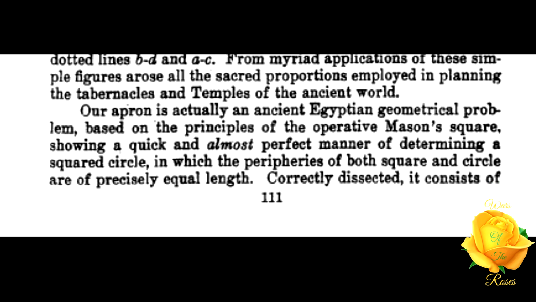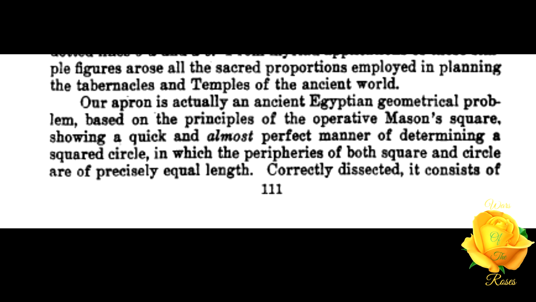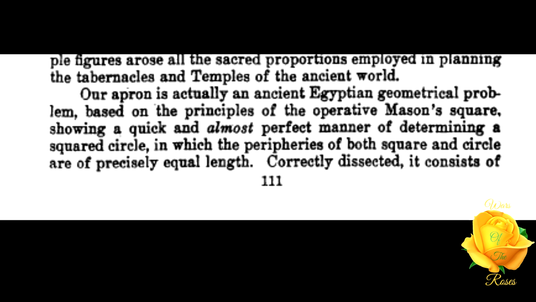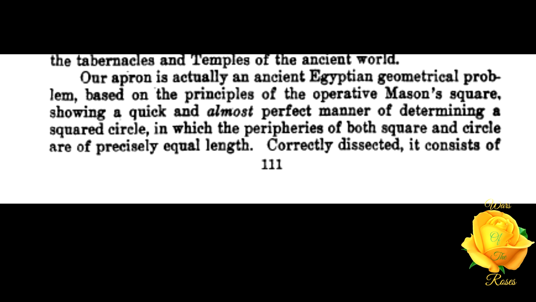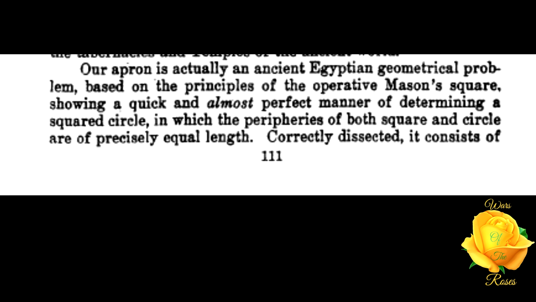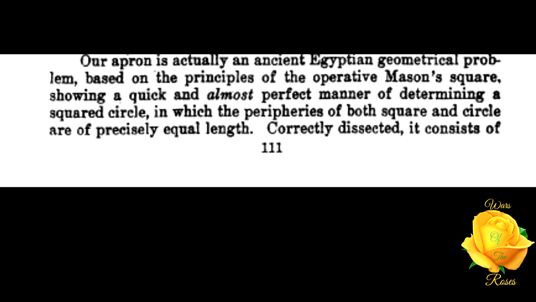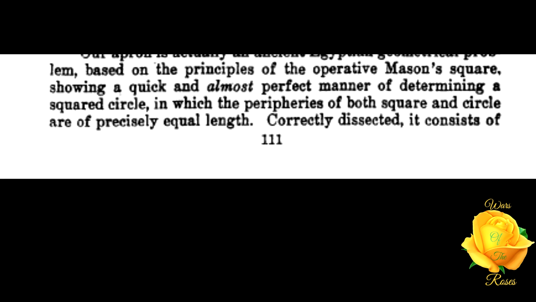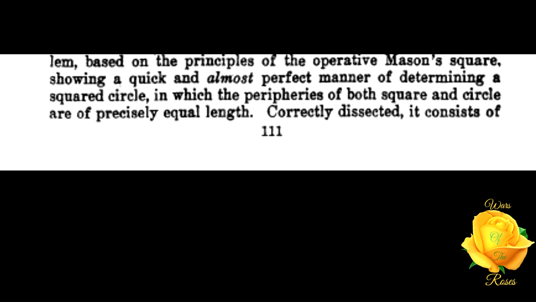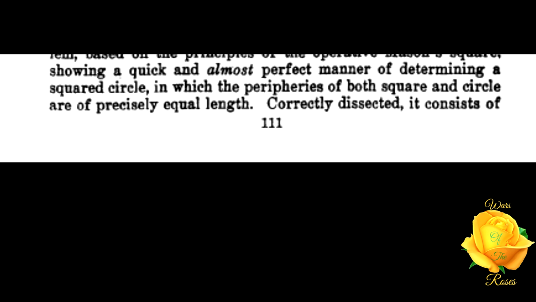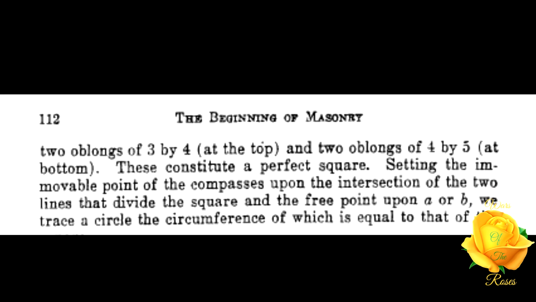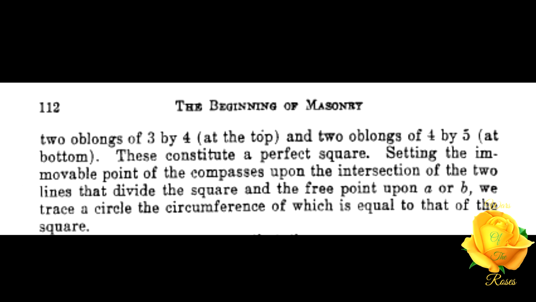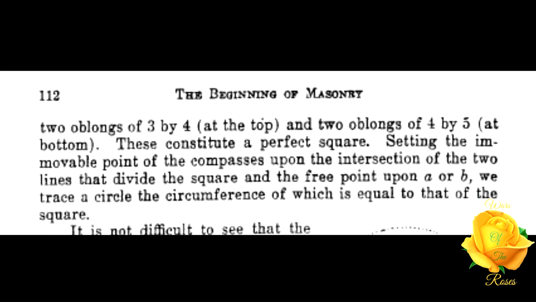Our apron is actually an ancient Egyptian geometrical problem based on the principles of the operative Mason square, showing a quick and almost perfect manner of determining a squared circle in which the peripheries of both square and circle are precisely equal length. Correctly dissected, it consists of two oblongs of 3x4 at the top and two oblongs of 4x5 at the bottom.